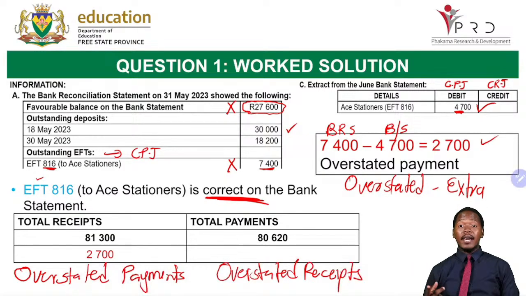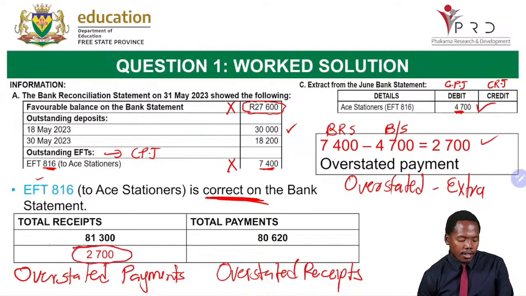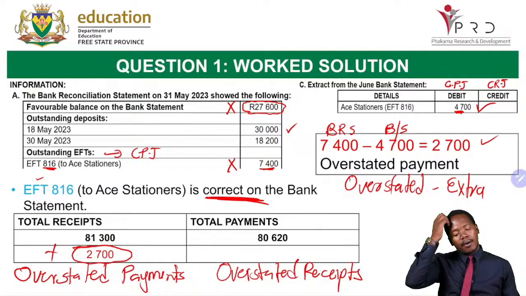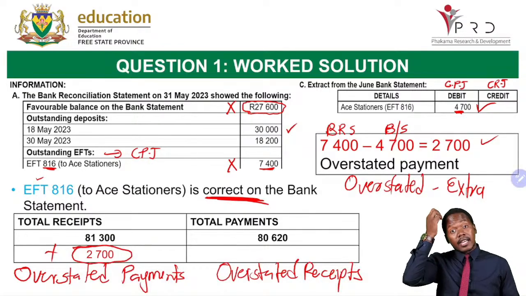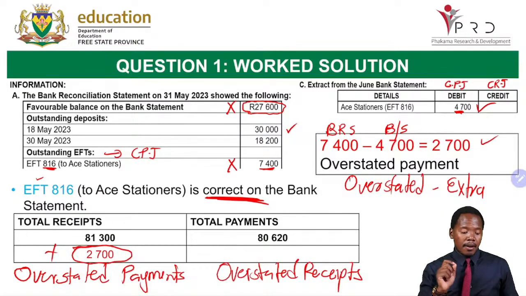It means we overpaid, so they owe us, they need to refund us some money in this case. So in a practical sense, that's what this will mean. This is why the 2,700 will be added together with the 81,300, which is our opening balance, our starting or provisional total for our total receipts.